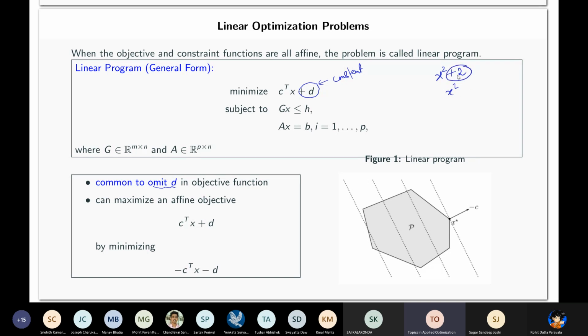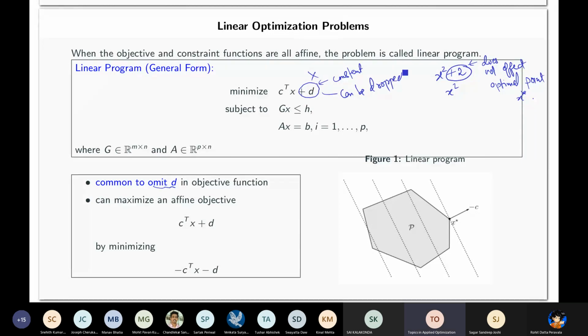So this translation doesn't really affect the optimal point. It does affect the optimal value, but does not affect the optimal point. By optimal point we mean the x star. So these things can be dropped.